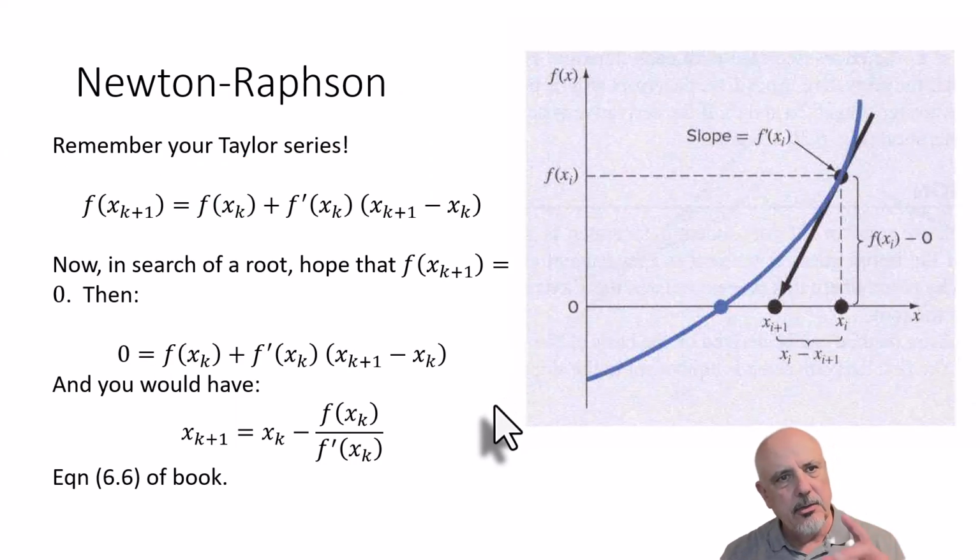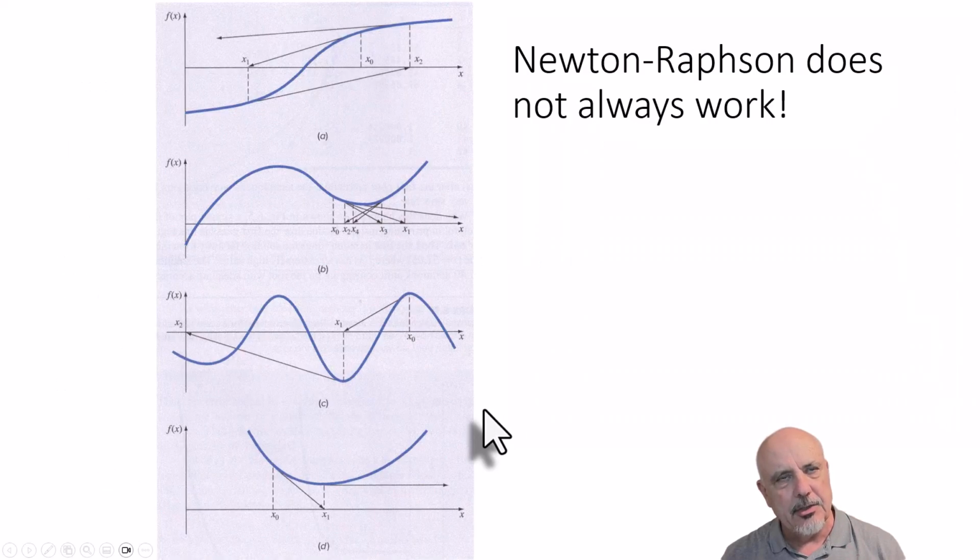So that's Newton Raphson, and it's not a panacea, because depending on what the curve looks like at a given point, it could shoot off. Like if we're at this point, it's going to shoot off that way. If we're at this point, it's going to shoot off here, which would drop us here, and that could put us in an infinite loop where we're just going back and forth.